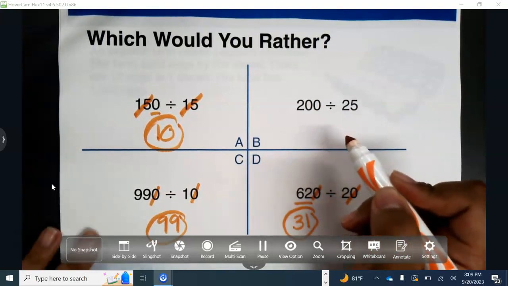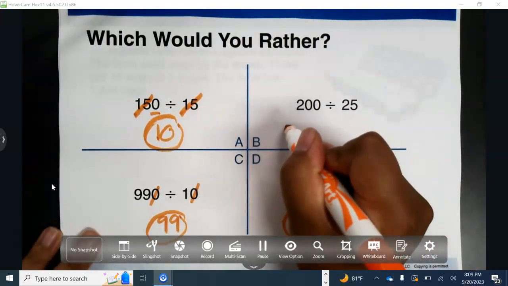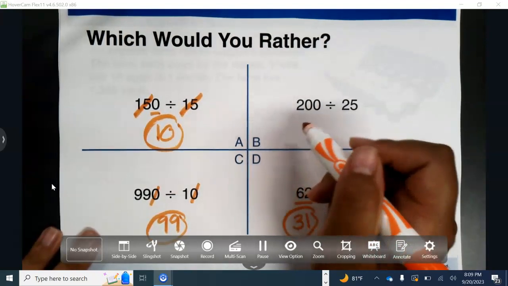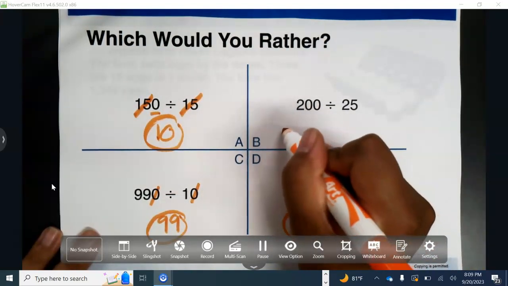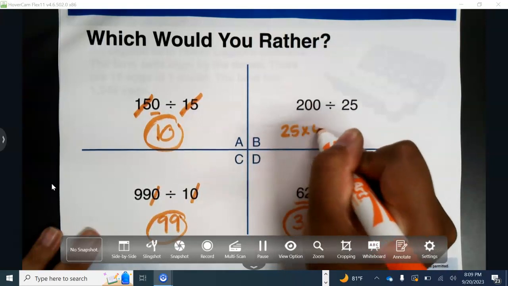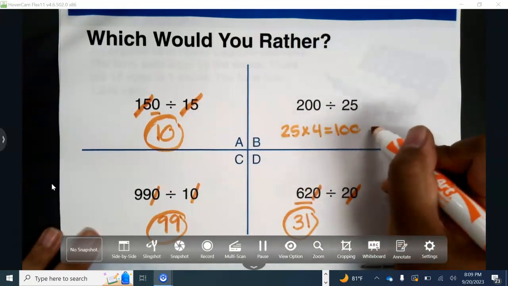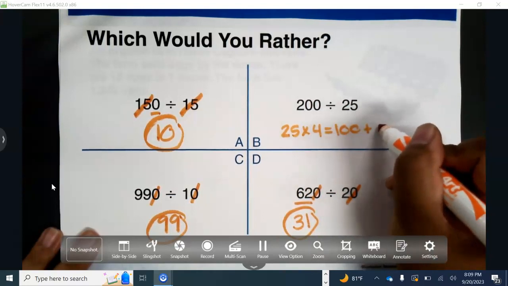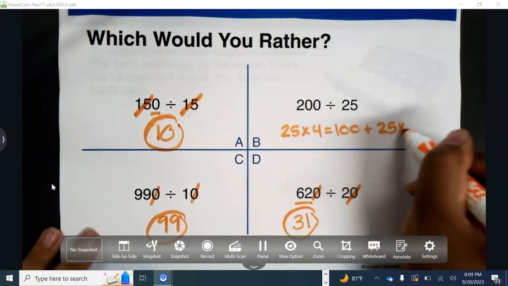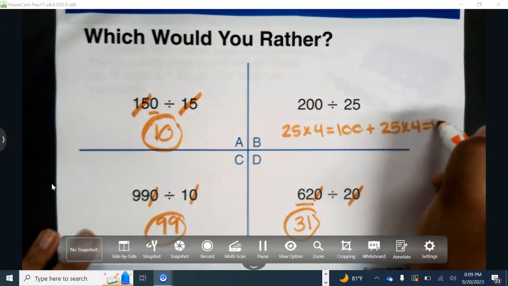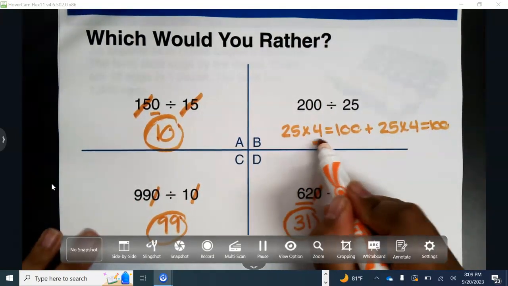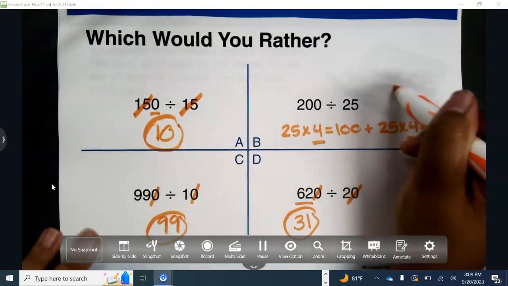So when I think of B, I really think of quarters. There are 4 quarters that make $1. So 25 times 4 equals 100. Plus another 25 times 4 would equal 100. So that means 4 and 4 is 8.